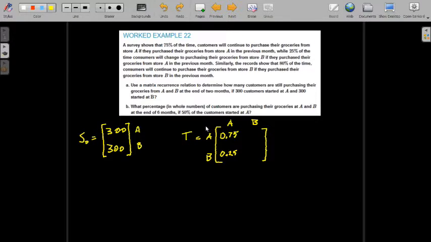How many change to A the next month? Sorry, B is 80%, which leaves 20% over here. So we've got 80% of the time customers from B purchase their groceries from B the previous month, which leaves 0.2 over here. So that's our transition matrix.